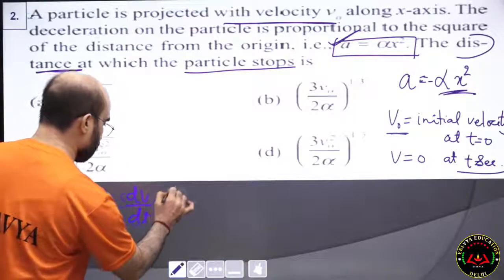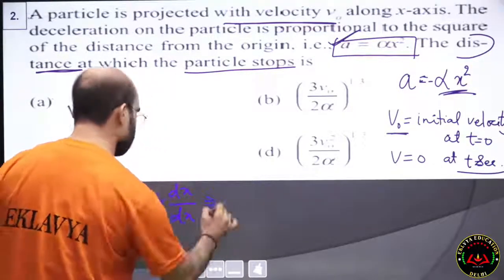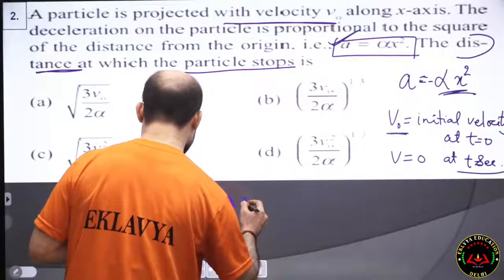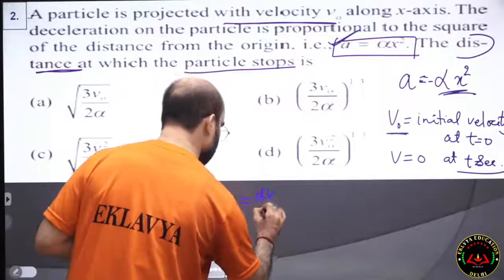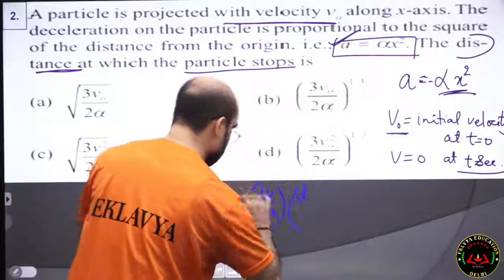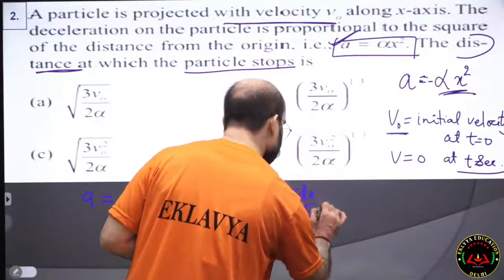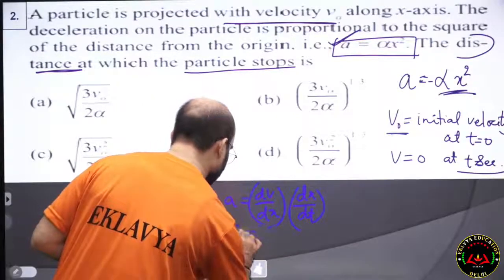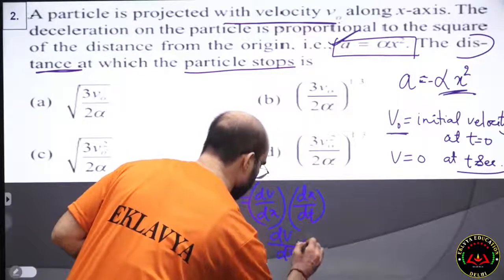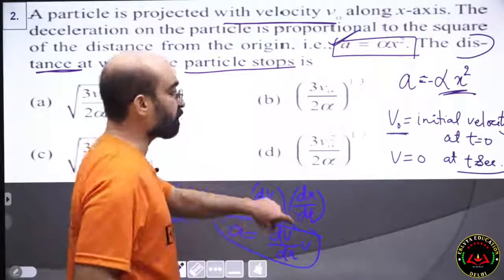If we simply multiply this with dx by dx, acceleration equals dv by dx multiplied by dx by dt. So dx by dt is v. So a is coming out to be dv by dx into v, right? This is our expression.